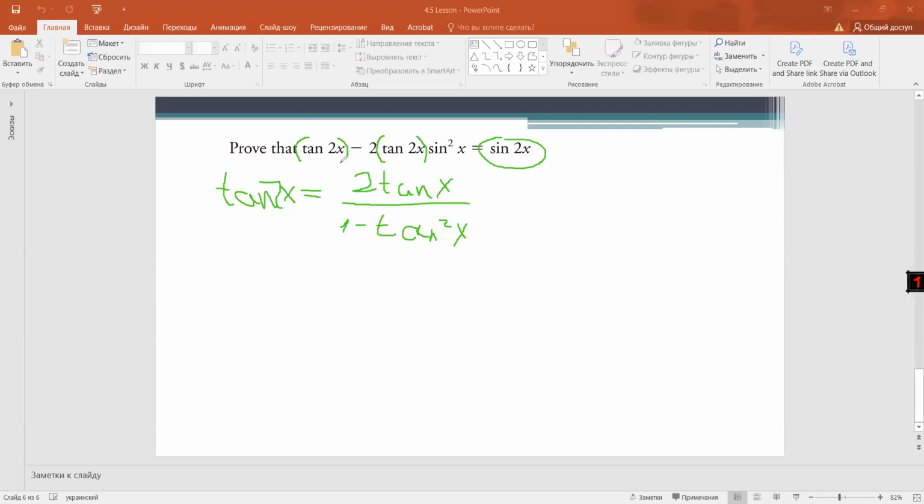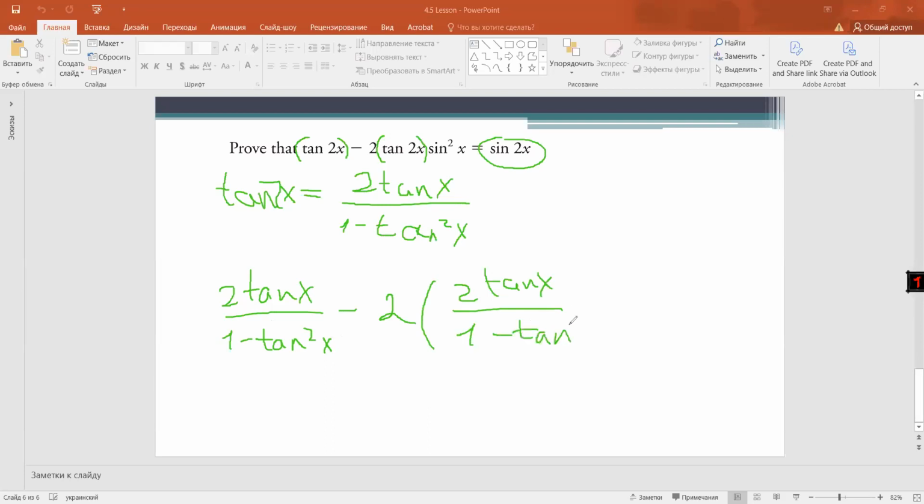And using that, we can rewrite the identity as 2 tangent x over 1 minus tangent squared x minus 2 times tangent 2x, again 2 tangent x over 1 minus tangent squared x, times sine squared x, equals sine 2x.